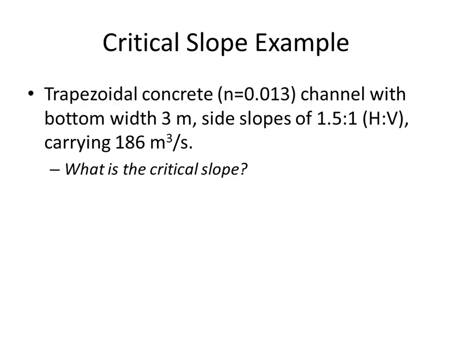Okay, the N value, concrete, gives us the N value of 0.013 times the flow rate, 186 cubic meters per second. And the area, 37.837 meters squared. And the hydraulic radius.